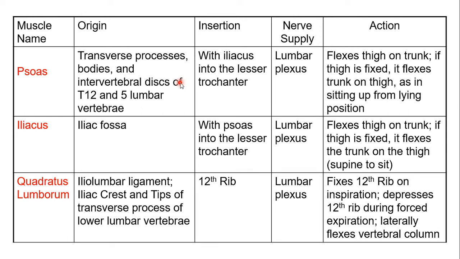Okay, next is your iliacus. As what we have seen in the picture earlier, it originates from the iliac fossa. It will insert together with your psoas muscle into your lesser trochanter. Your iliacus will again flex the thigh on the trunk, and if the thigh is fixed, it flexes the trunk on the thigh, for example, supine to sit.